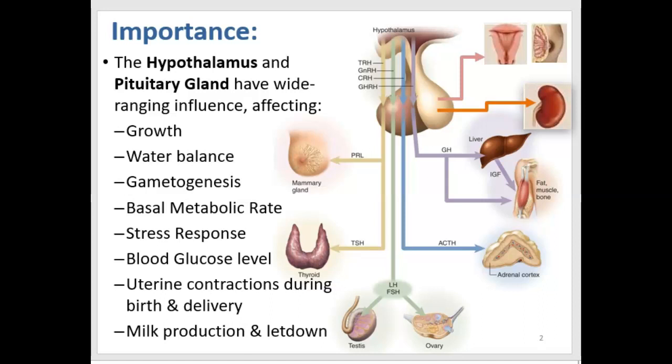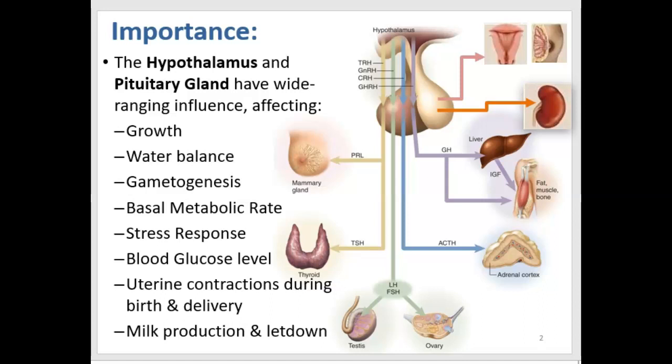The reason that I'm covering the hypothalamus and pituitary gland hormones is that they have the widest reaching effect throughout the body. Together they can control our growth and development, how well we balance water and keep our fluid levels like blood normal.